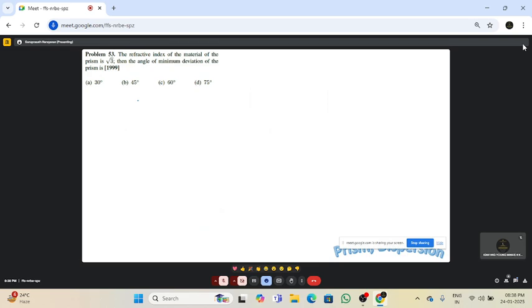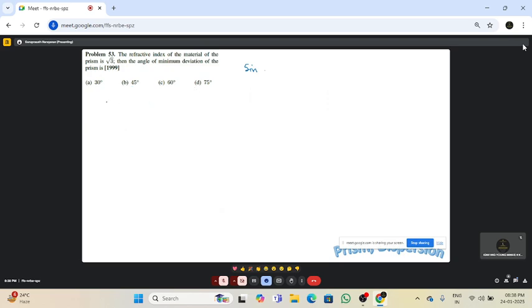The refractive index of the material of the prism is root 3. Then the angle of minimum deviation of the prism. Any answers? Just now I told you. It doesn't say small angle prism, so obviously the angles are very big.